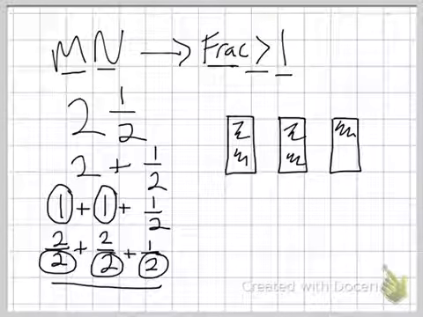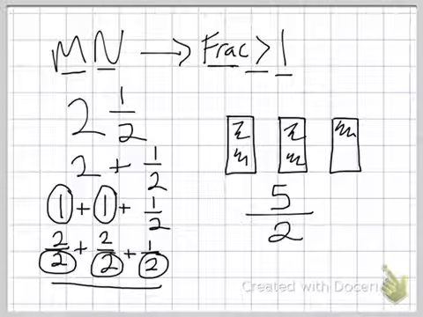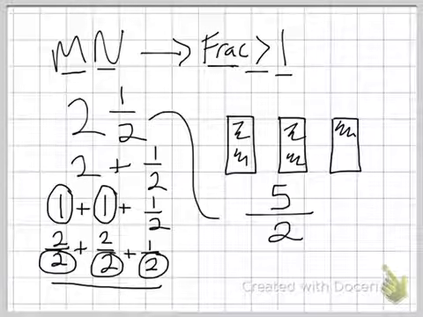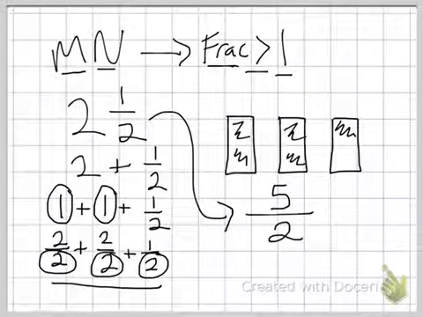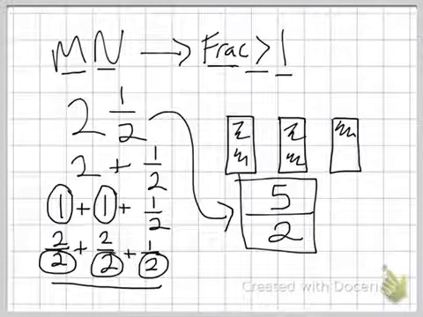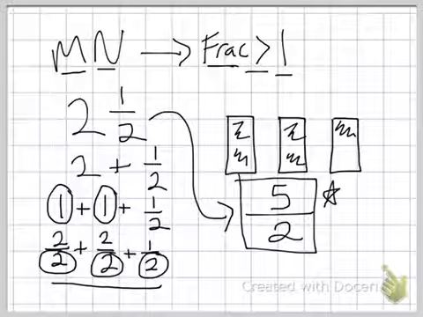And altogether, I have 5 parts shaded in, and they're all split into 2 even parts. So we started with 2 and 1/2, that's our mixed number, and the fraction greater than 1 is 5/2. Now we know that we've got this correct and in the correct order because the big number is on top, and that is what we want for a fraction greater than 1.